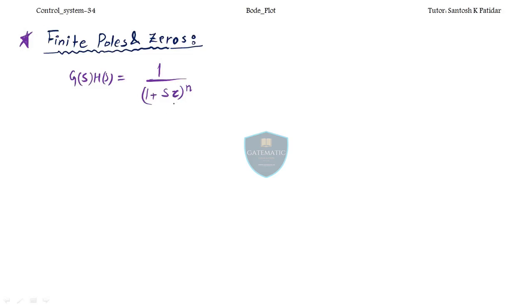I'll always keep my transfer function in this form. Now my next step is to put s as j omega, so it will be 1 plus j omega tau to the power n, with n number of finite poles. Now I have to find the magnitude of this.